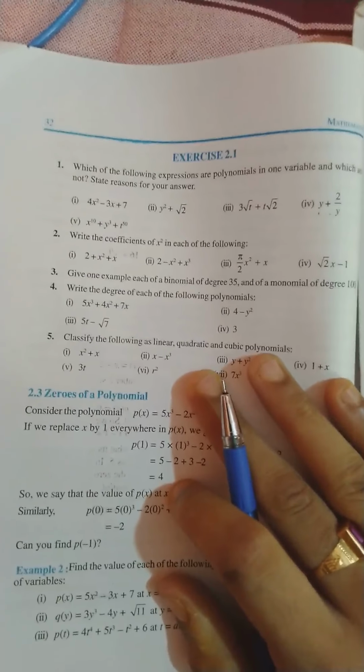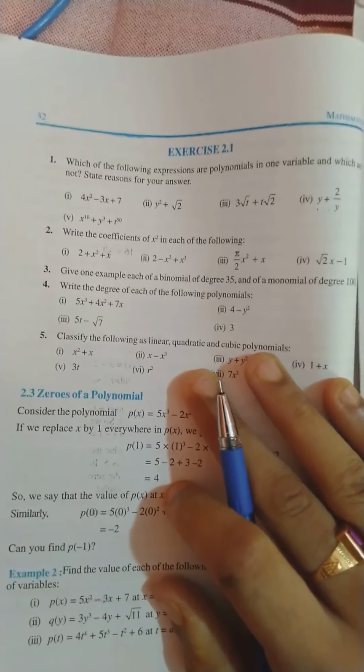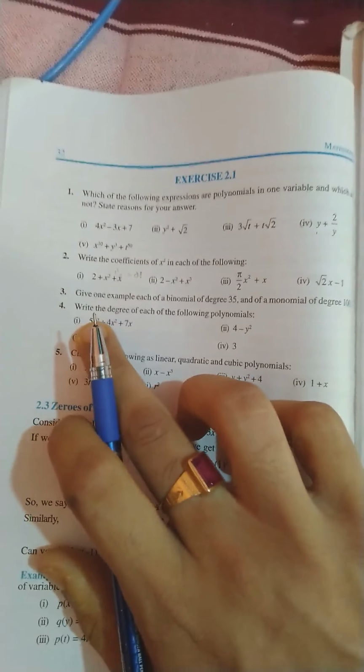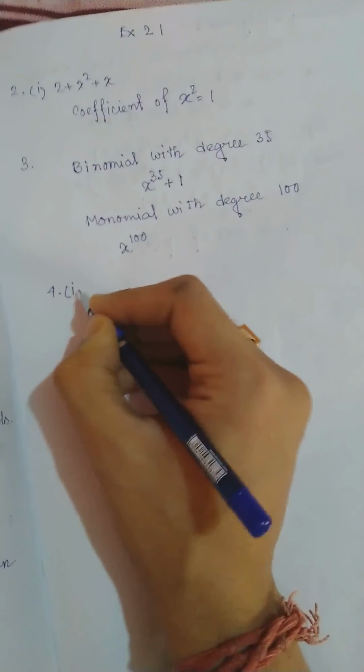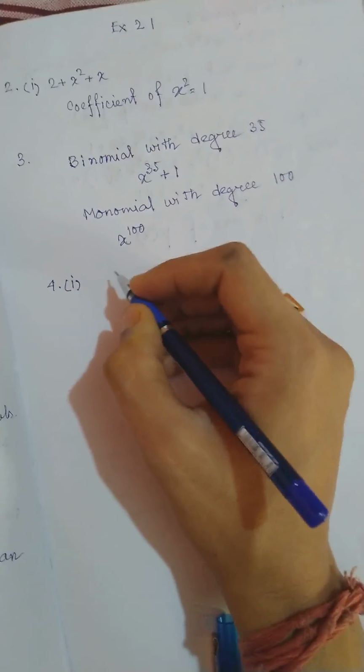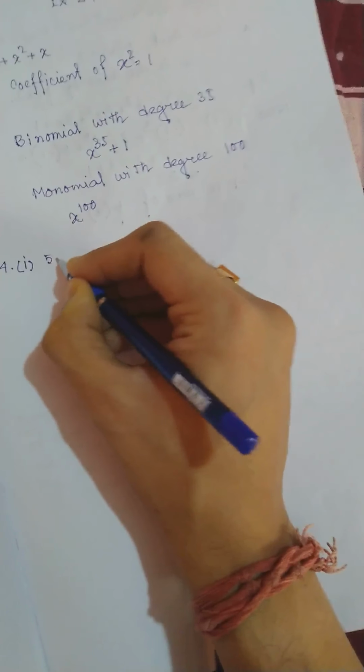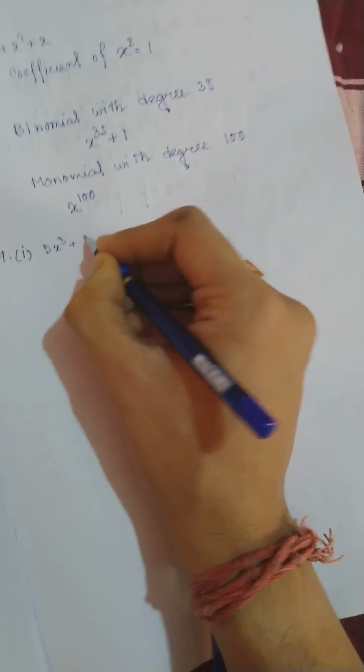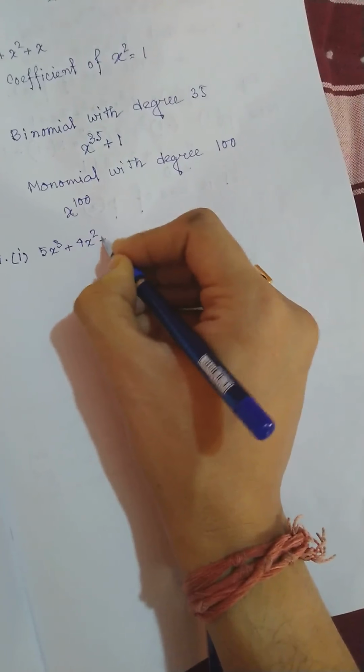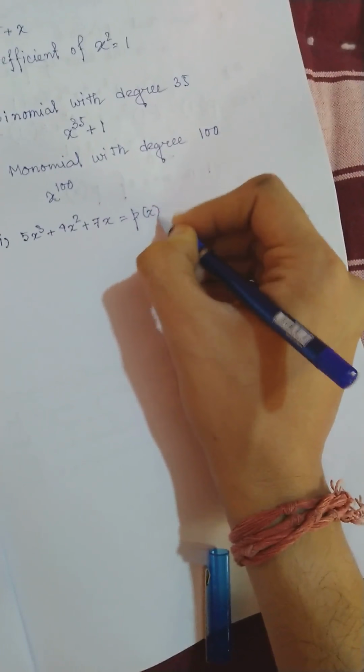Thank you. Now moving to the fourth one. Write the degree of each of the following polynomials. We started this. Question number 4, 1. What is the polynomial here? 5x cubed plus 4x square plus 7x equals p of x.